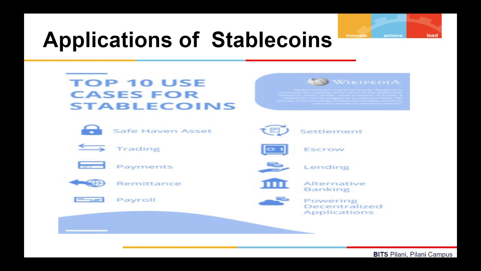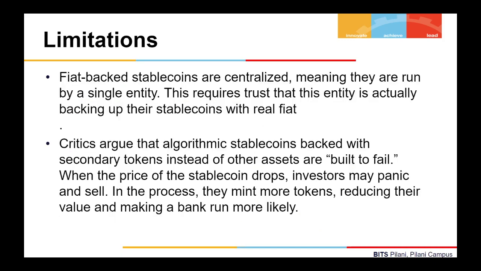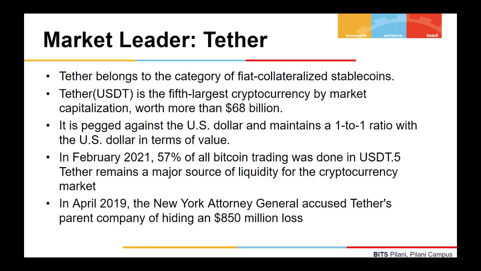Now, let's have a look at some of the leading stablecoins in the market. The market leader at the present moment is Tether. It belongs to the category of fiat collateralized stablecoins, and it is the fifth largest cryptocurrency in the market, worth more than $68 billion. It is pegged against the US dollar and maintains a 1-to-1 ratio with US dollars in terms of value.